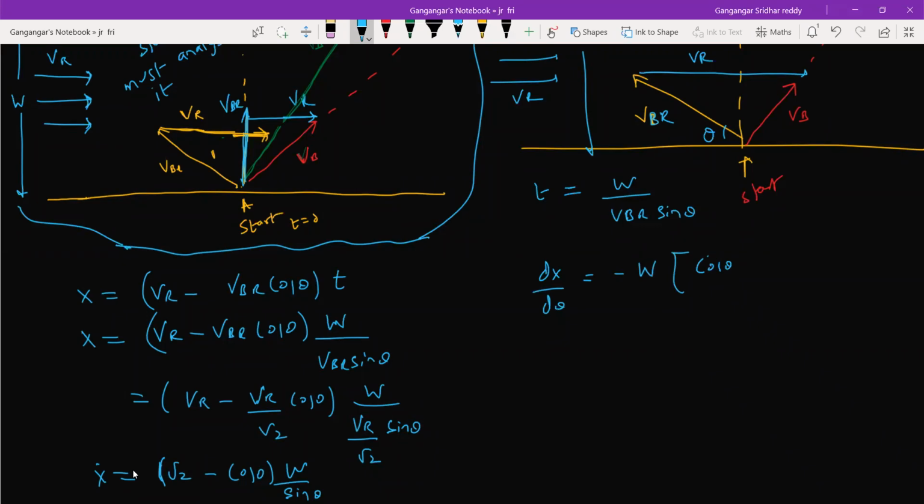For your convenience, I'll write it so that it will be easy for you. Some of you may find the quotient rule and product rule difficult. I'll write it in this form: root 2 W by sine inverse of theta, W cos theta sine inverse theta. Let's differentiate this.